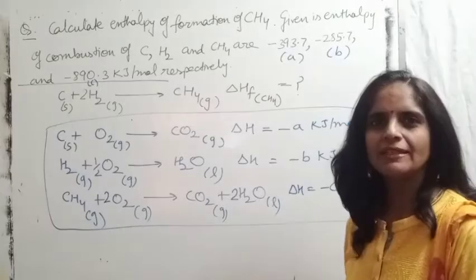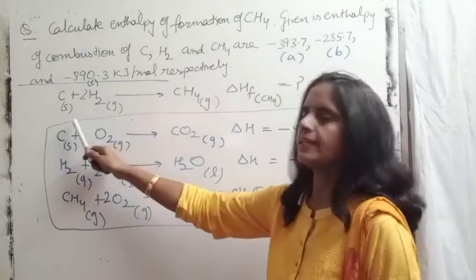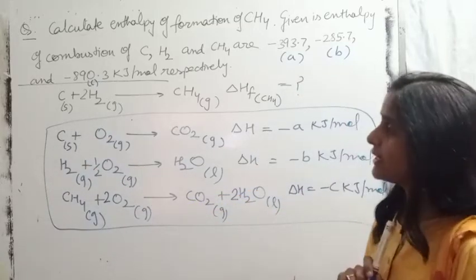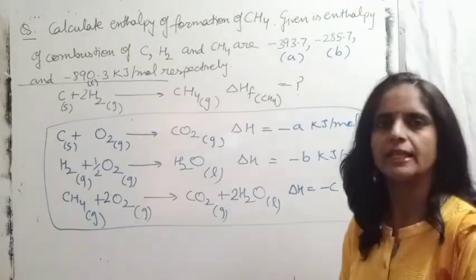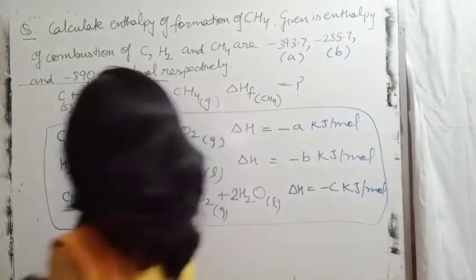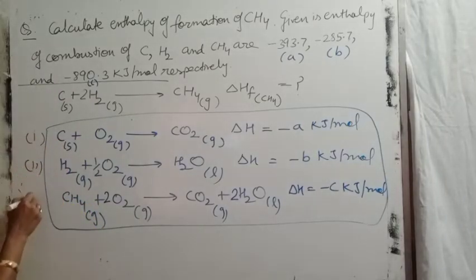Okay, do it with me, then you try a few more questions. Like here, as a reactant, I need carbon and hydrogen. So children, please check which equations give me the value for carbon and hydrogen. Let us take this as equation 1, this one is 2 and this one is 3.